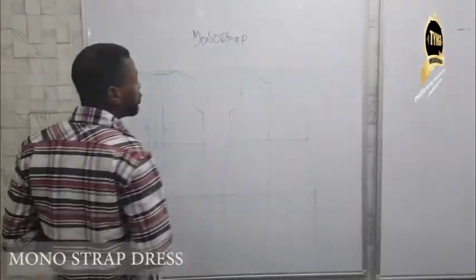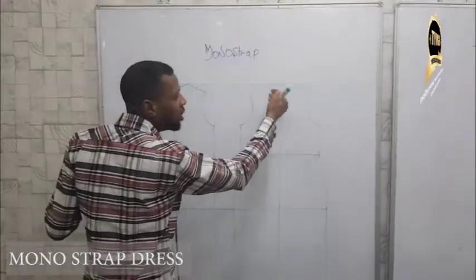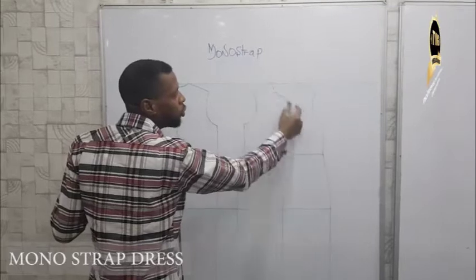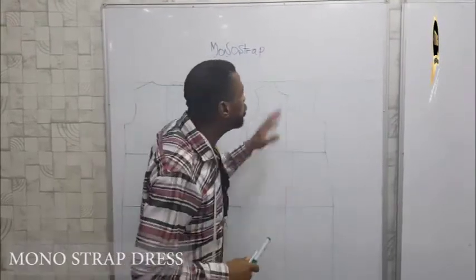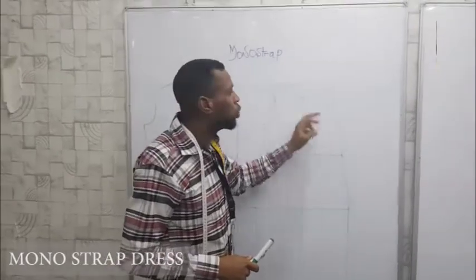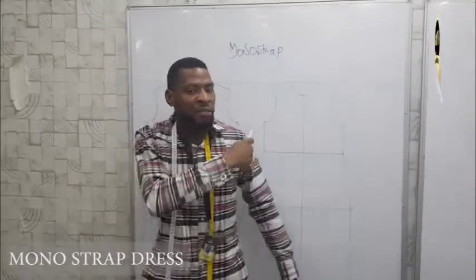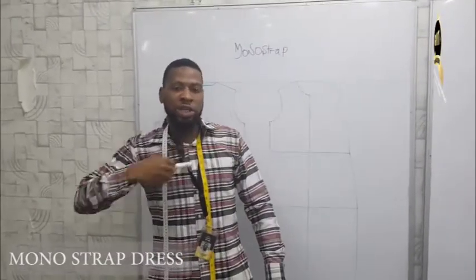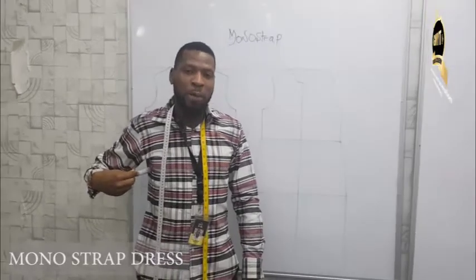The first thing you need to do is understand that you can achieve all kinds of neckline cuts on your monostrap. Most times when you are doing your monostrap, you usually end the neckline connection at the underarm point. That's why it always has this kind of slanting shape towards the armhole or the underarm point.